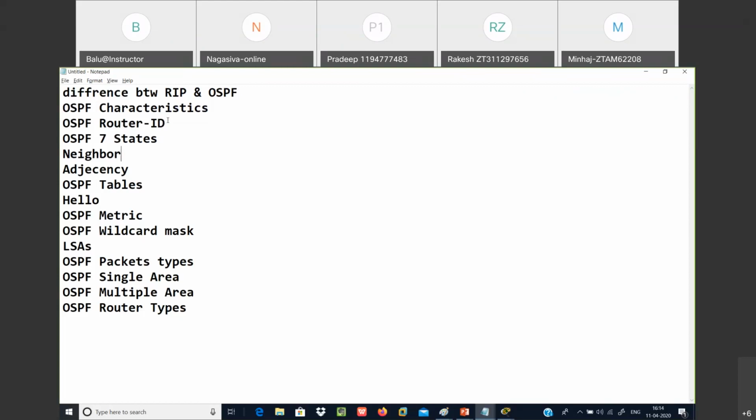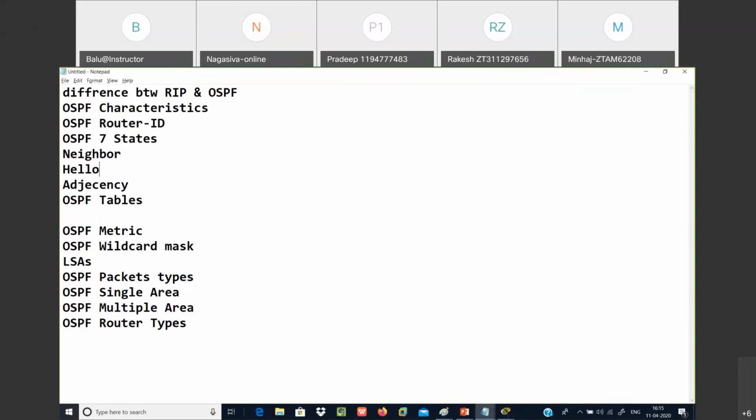Neighbor: a directly connected device is called a neighbor. To maintain the neighbor, hellos are exchanged, and by matching the hello packet, adjacency will be formed.